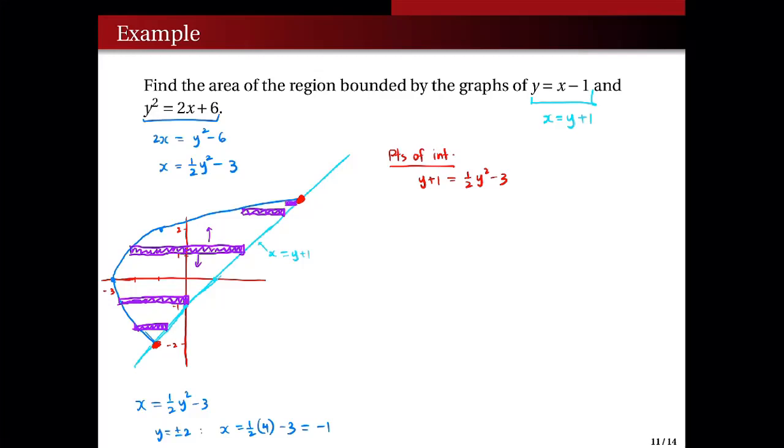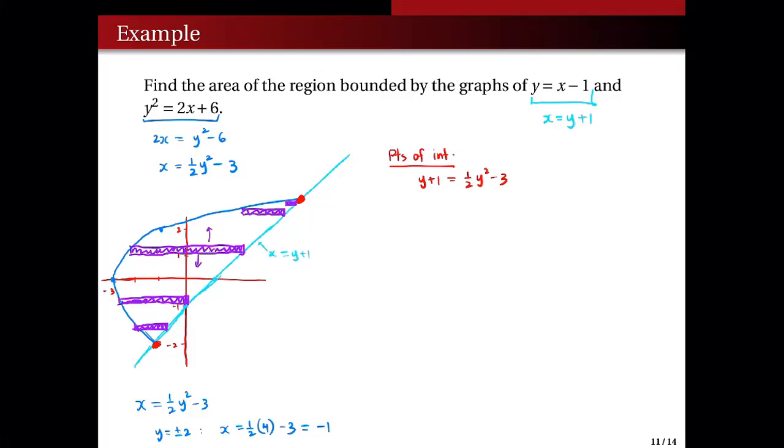I know this will be the vertex, so I just need other points so that I can approximate at least the sketch of the parabola. You can use other points if you want. You can use other y's.